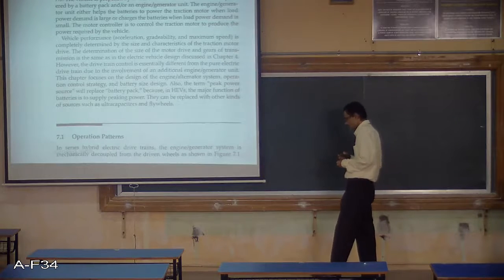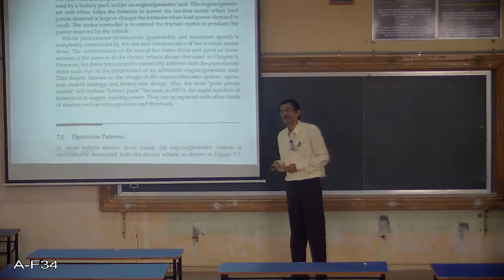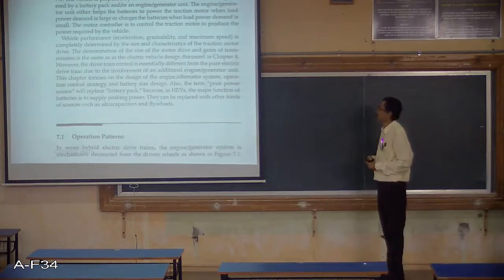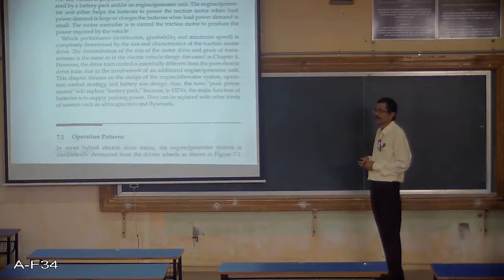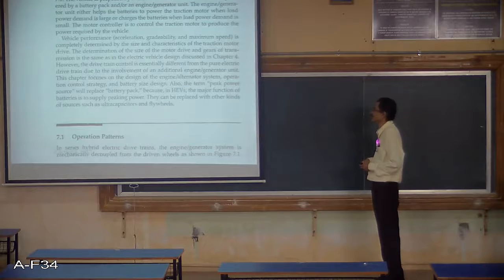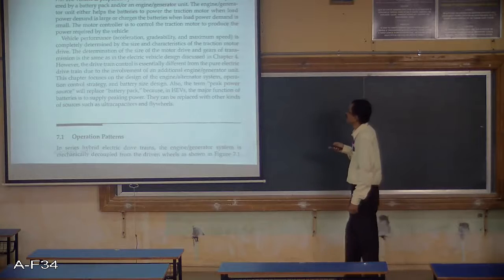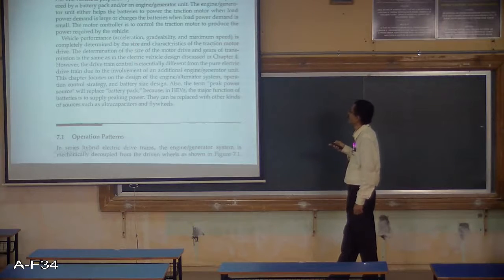Because, as we have seen in series hybrid type vehicles, only the drive mechanism is derived out of the electric motor. So that electric motor will decide the whole acceleration, gradability and maximum speed characteristics, which is nothing but the traction motor.